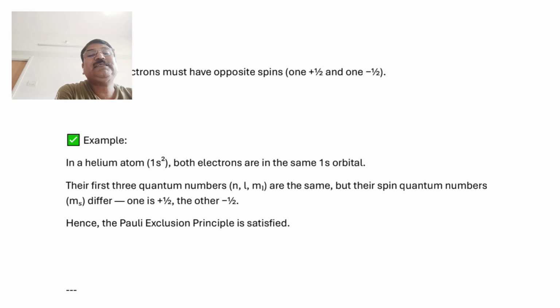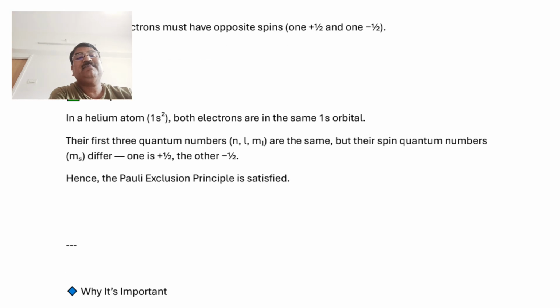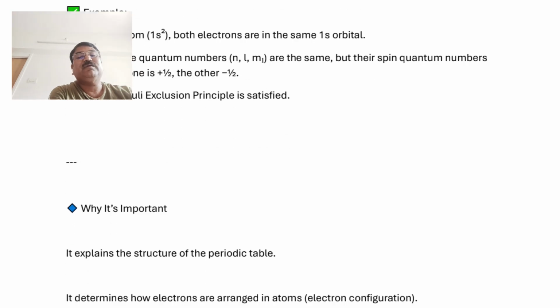Understood? Hence, Pauli's exclusion principle is satisfied. So for Pauli's exclusion principle, always remember the example of helium having two electrons, where all four quantum numbers are not the same. The first three are the same, and the fourth one is different. So this is one example which satisfies Pauli's exclusion principle.